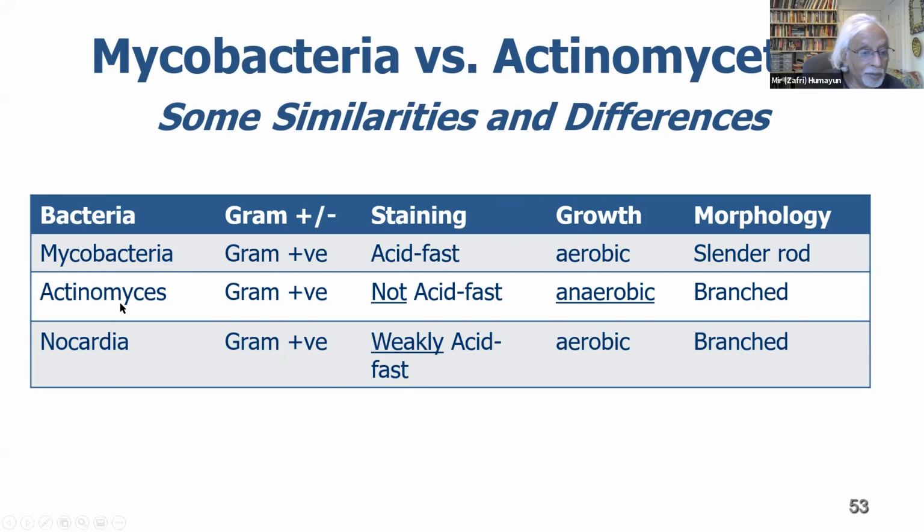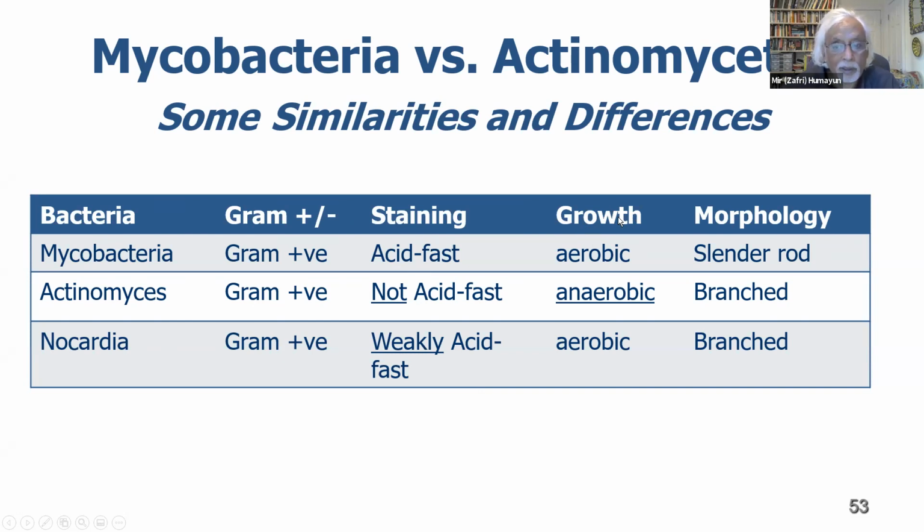Then Actinomyces, and then Nocardia. The gram staining status is shown here. All of them are gram positive. Okay? Specific staining feature, acid fast staining feature. Mycobacteria are all acid fast. Actinomyces is not acid fast. Nocardia is acid fast, but weakly so, but still acid fast.